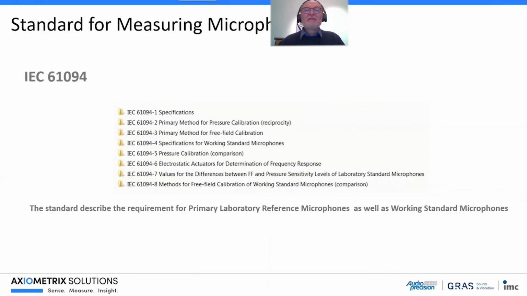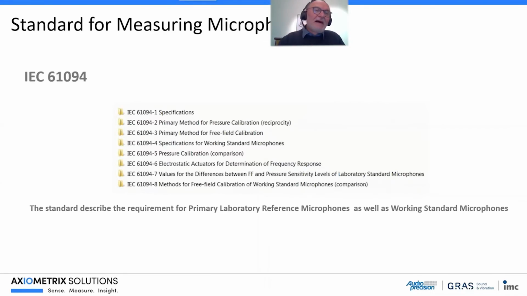It's important, as well as the standard for the working standard microphones, the IEC 61094-4. These are most important.